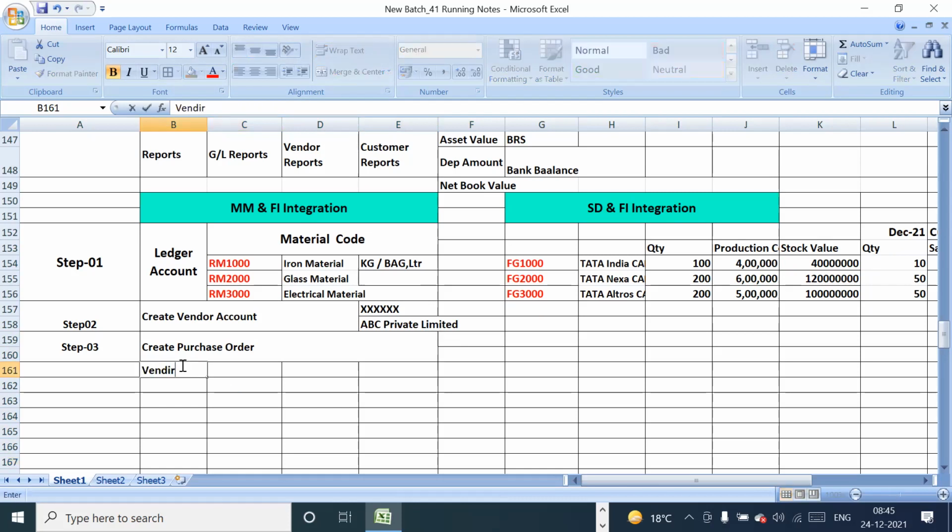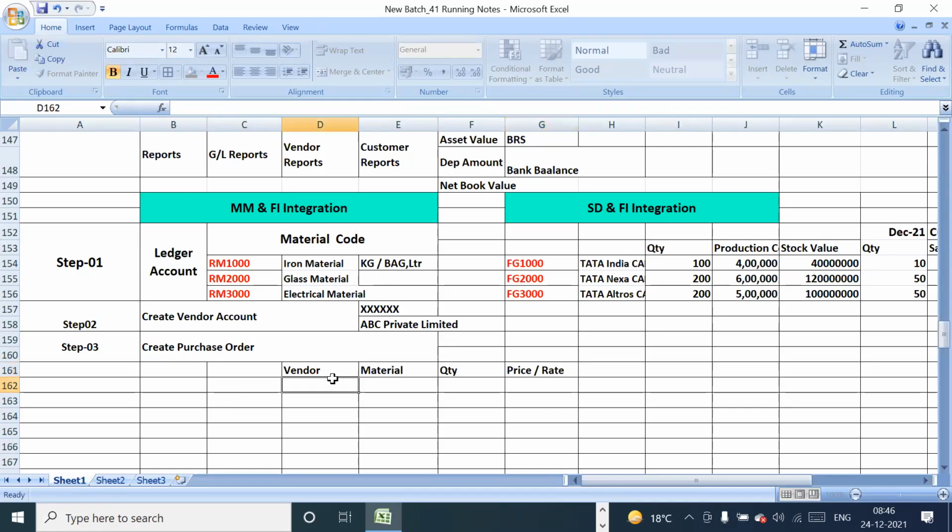So we have to tell the vendor, which material we are looking for, how much quantity, and what is the price or rate for that material. These are the details we need to mention, right?